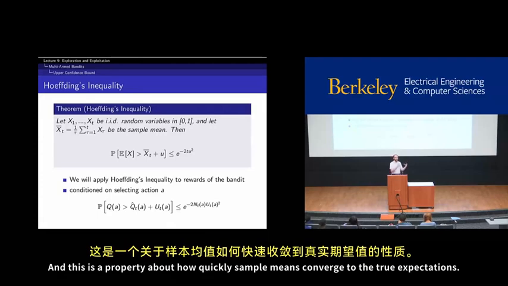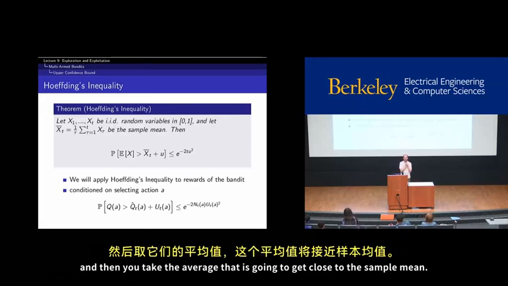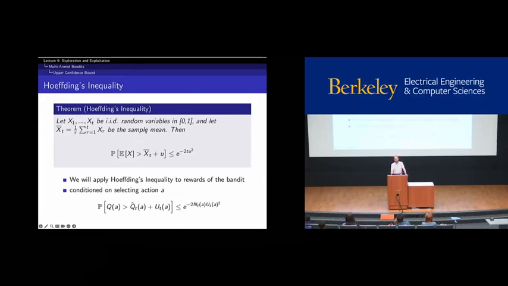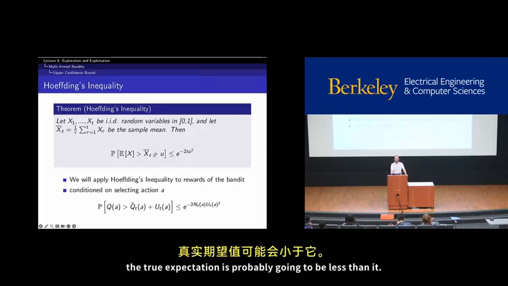And this is a property about how quickly sample means converge to the true expectations. So if you have a bunch of random variables that are sampled from the same distribution, and then you take the average, that is going to get close to the true mean. So if you add some u to your sample mean, the true expectation is probably going to be less than it.